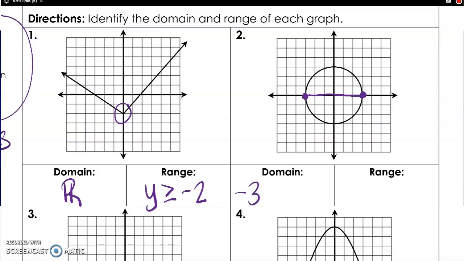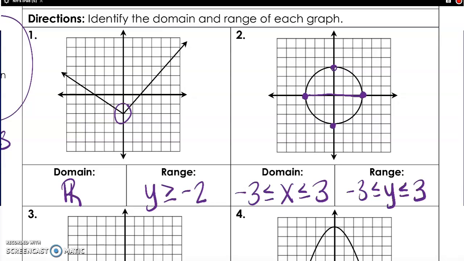So we write -3 less than or equal to X. The furthest right we go is 3. So this is our compound inequality where X is in the middle. X is between -3 and +3. Now, hopefully you realize since it's a circle, that's going to be the exact same thing as the Y. So the lowest we go is -3, less than or equal to Y, less than or equal to +3.